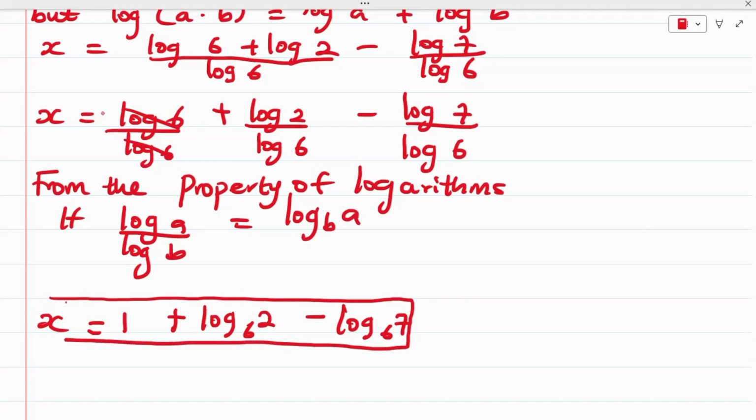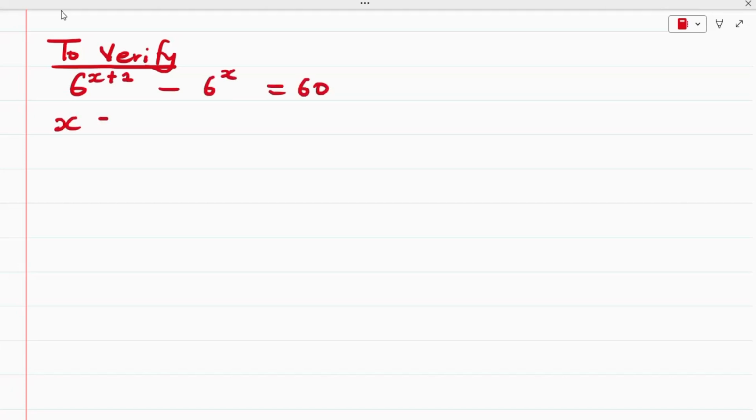So guys, the next thing we want to do is to verify if our answer right here is correct. So to verify, we have the equation 6 raised to the power of x plus 2 minus 6 raised to the power of x is equal to 60. And we have that x is equal to 1 plus log 2 base 6 minus log 7 base 6.